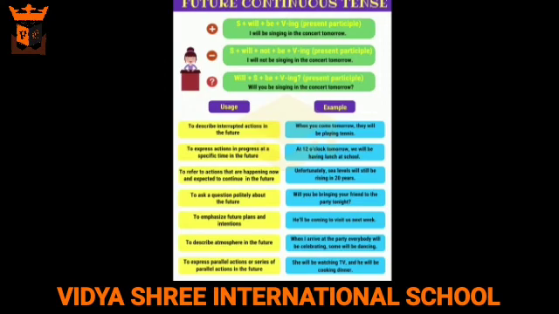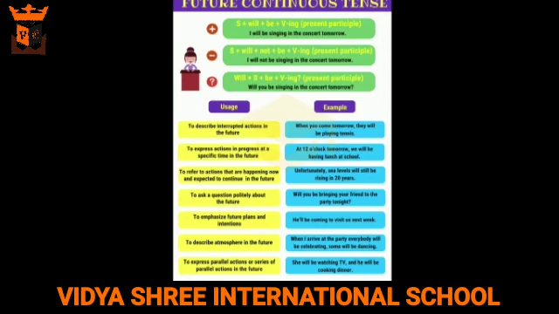For example, at 12 o'clock tomorrow, we will be having lunch at school. It is used to refer to actions that are happening now and expected to continue in the future. For example, sea levels will still be rising in 20 years.